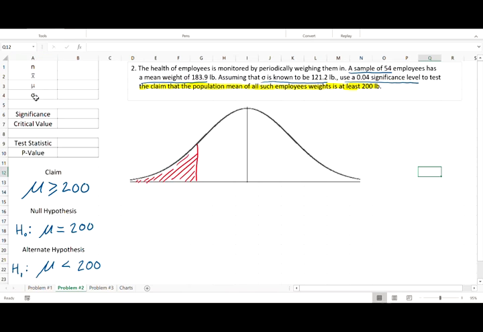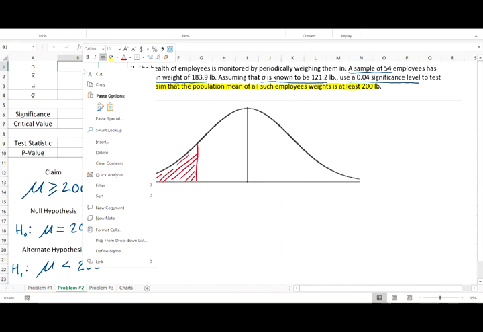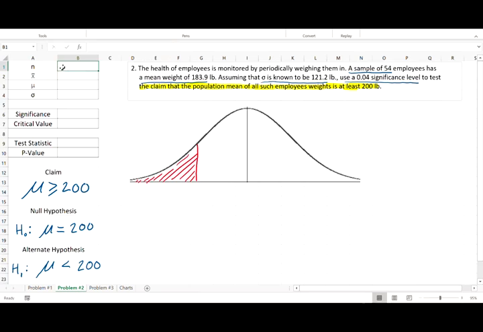Now let's go back to the problem and fill in these values. We're told in a sample of 54 employees, so N is 54, there's a mean weight of 183.9, and assuming sigma is known, the population standard deviation is 121.2, and our null hypothesis was that the population mean equals 200.